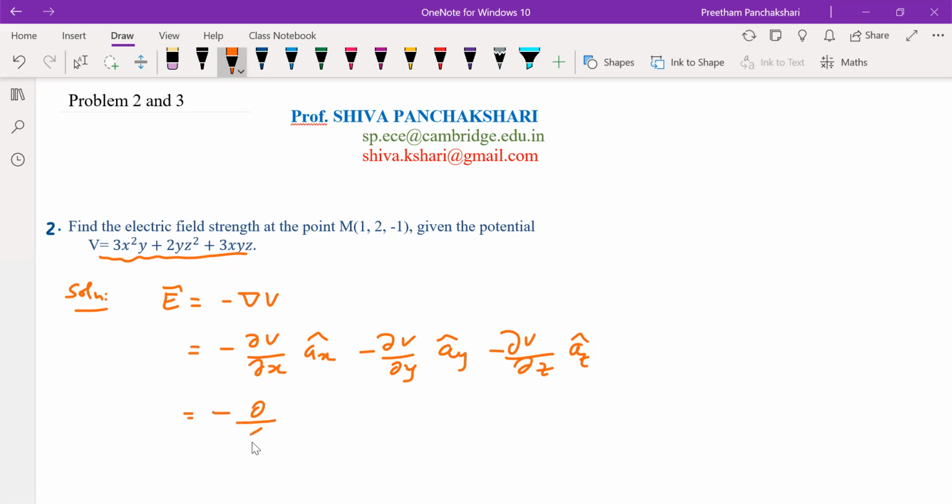In the first one, we have to differentiate V with respect to x. Let us substitute for V from the given problem. So there is 3x square y plus 2y z square plus 3xyz, a cap x. So this forms the x component.